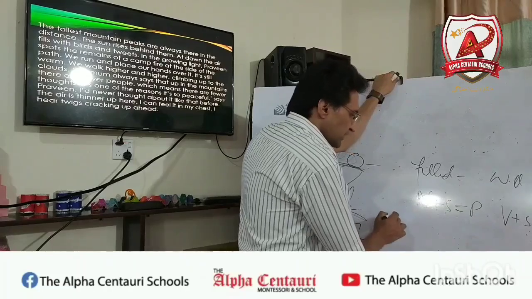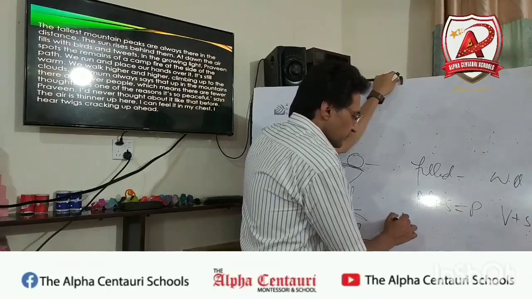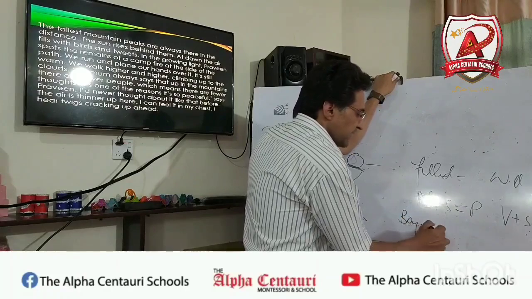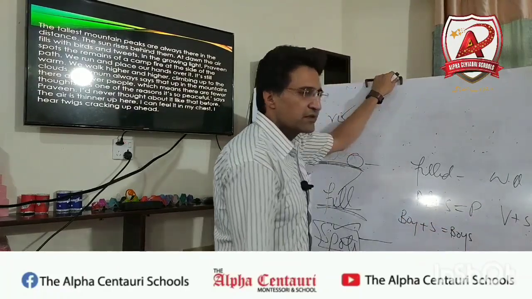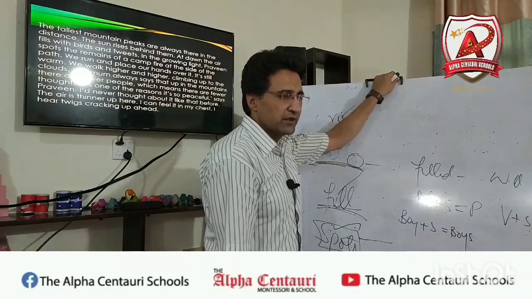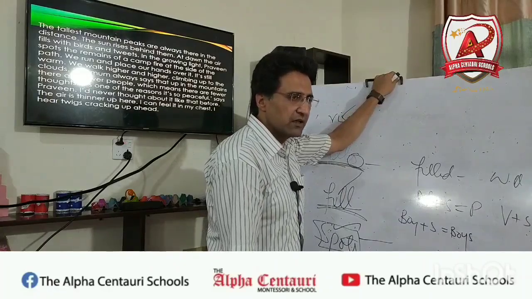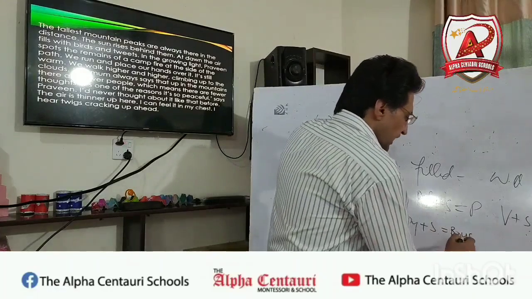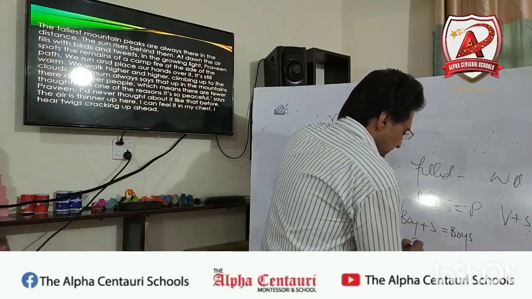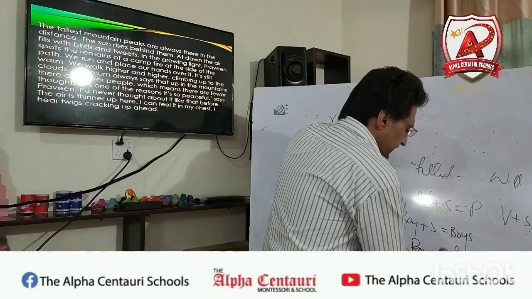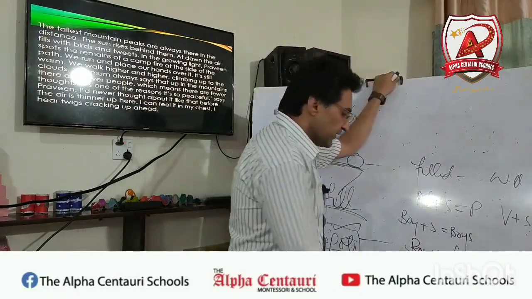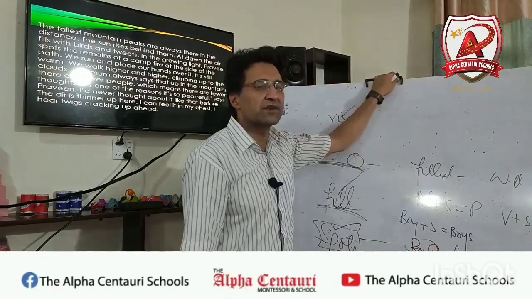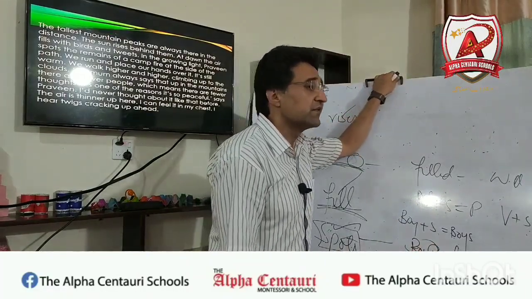For example, even with a noun, I'm adding S. Boy. I'm adding S. It becomes boys. Clear? Now, boys is plural. With boys, I'll use what, ji? Play. Boys play, in routine. If I'm using S with the noun, I will not use it with the verb.